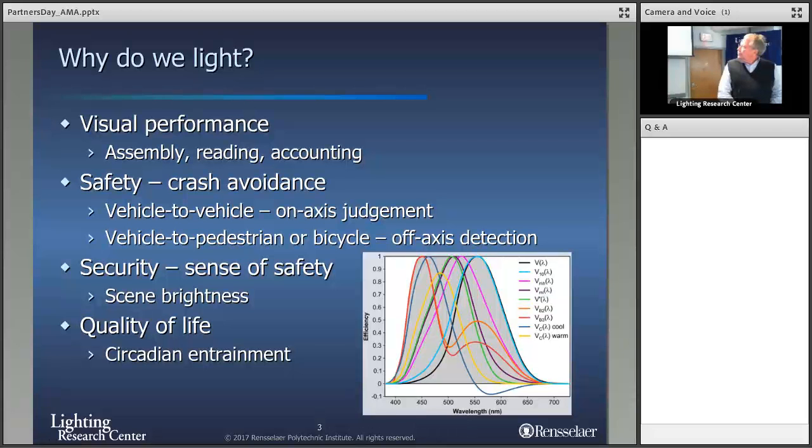I want to draw your attention to the shaded region here, which really represents the full range of sensitivity of the human retina to optical radiation.